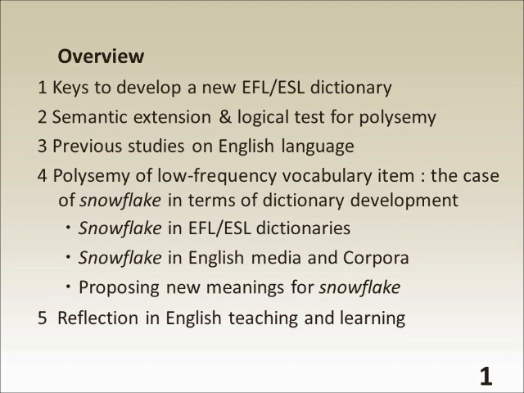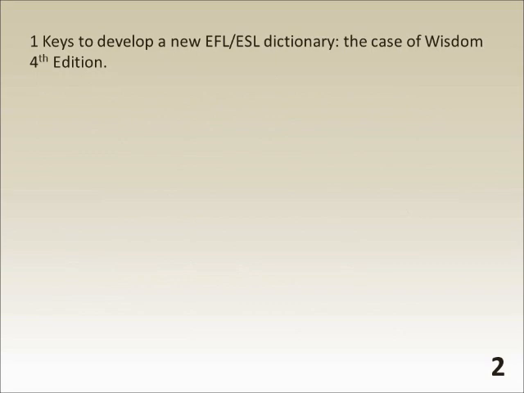Before I get into detail, I would like to introduce how we develop an EFL-ESL dictionary in the 21st century. I actually developed and published an English-Japanese dictionary called Wisdom 4th edition in 2019 as an editor and co-writer, so I will use this Wisdom 4th edition as an example.